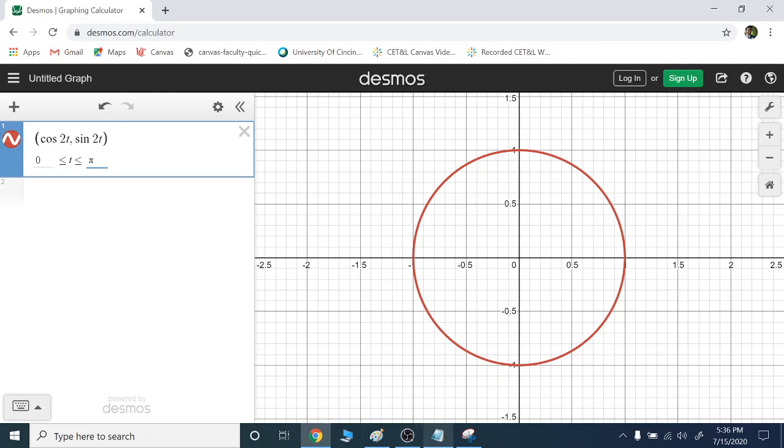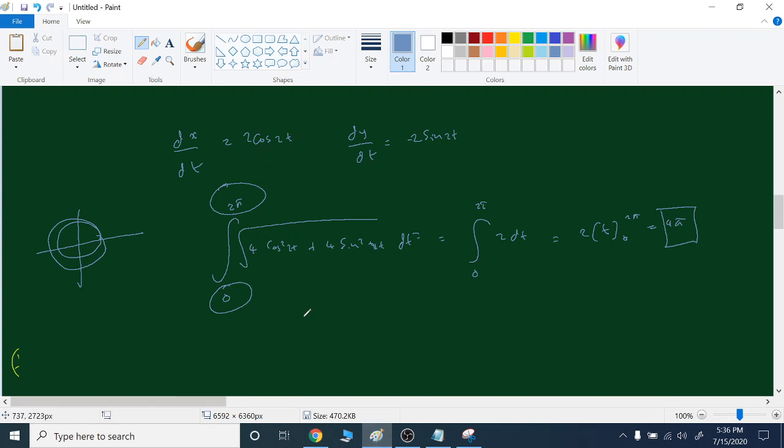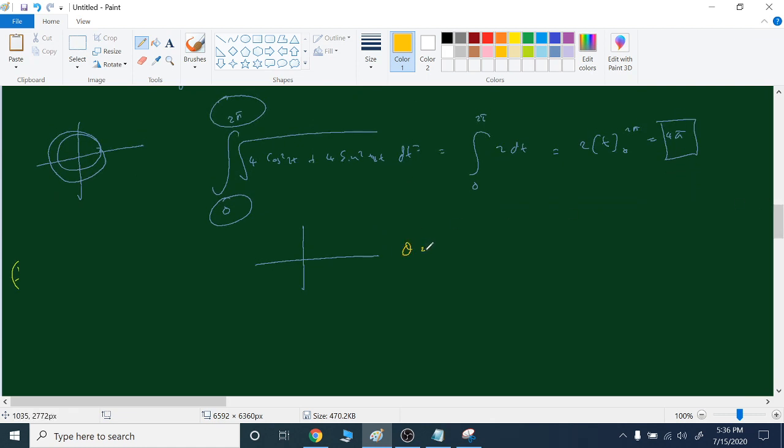That means now, if this is the plot, when theta is equal to 0, you will start from this axis, and when theta is equal to pi by 2, it will be completing a half cycle, right? And then at theta equals pi, it has completed the full cycle. So if we keep on increasing theta, you will be tracing the same curve once again.